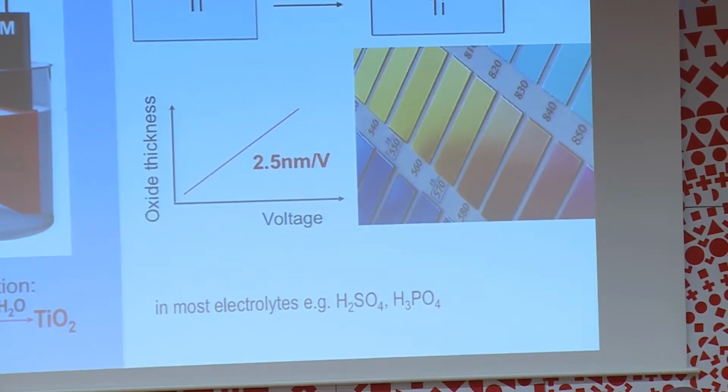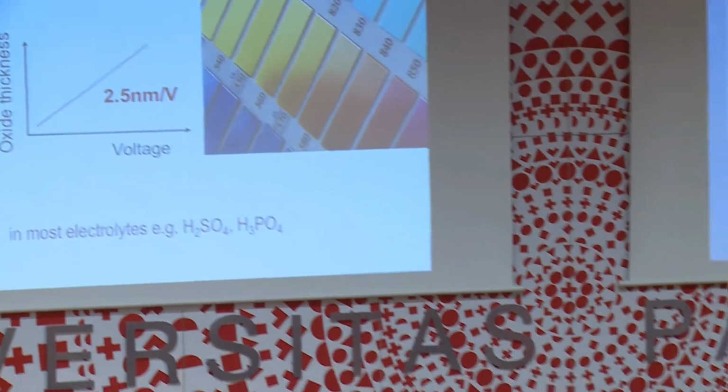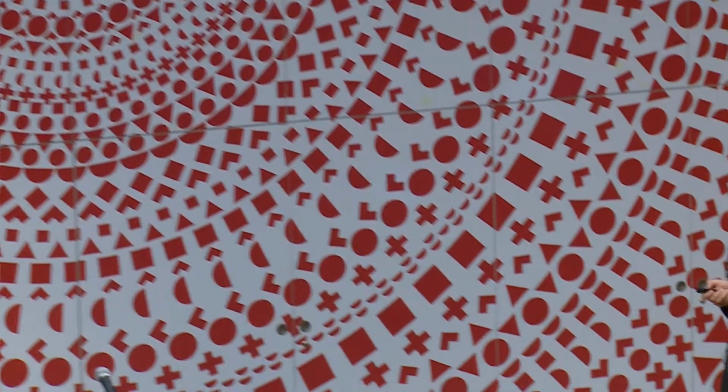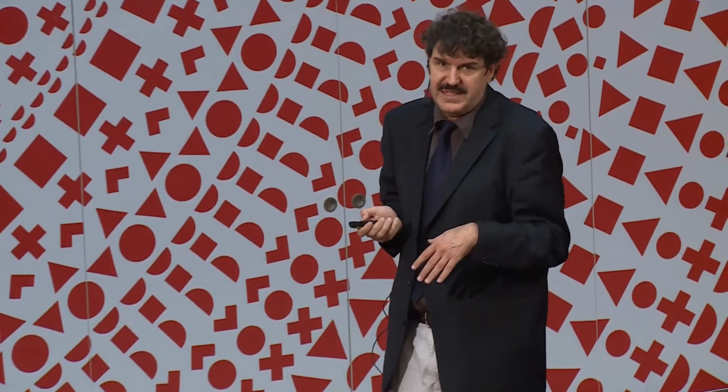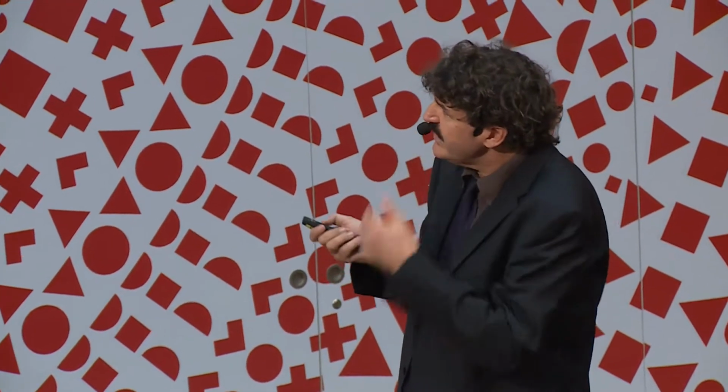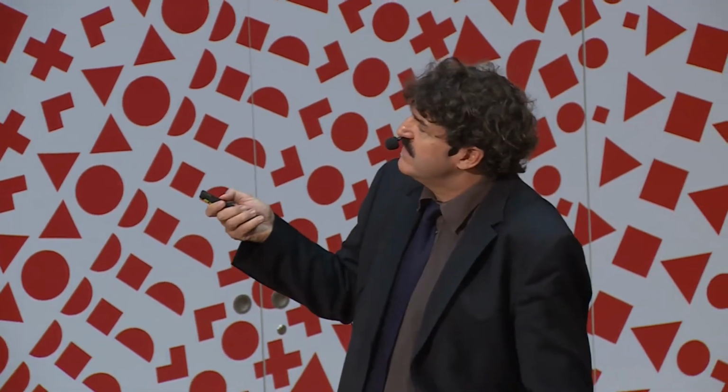Now, this is known already for 100 years or so and is not really new. It's used, for example, to make biomedical implants more biocompatible. Usually this anodization has been carried out in sulfuric acid or phosphoric acid electrolytes, neutral electrolytes or something like that.